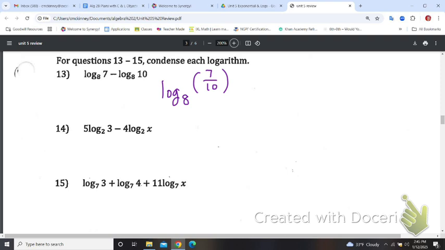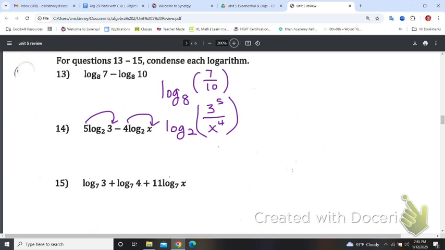If I could divide that, I could, but in this case, 7 over 10 is wonderful. So here, log base 2, the top is 3. Remember, the 5 is going to jump back on. So 3 to the 5th power over x to the 4th power, because that's jumping on here.